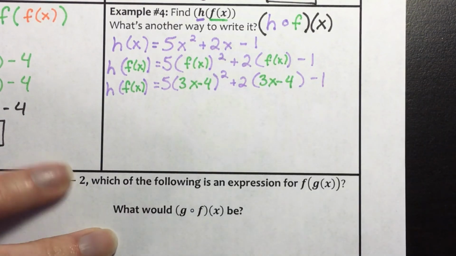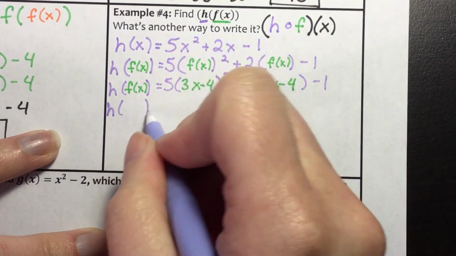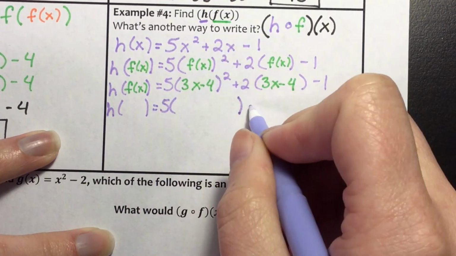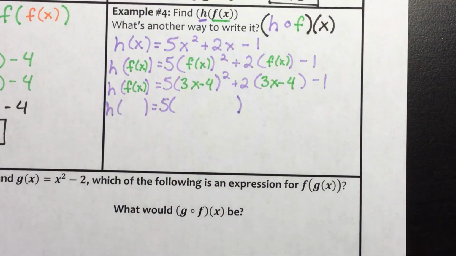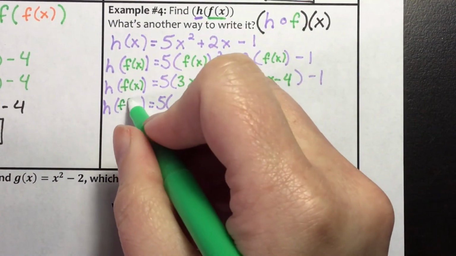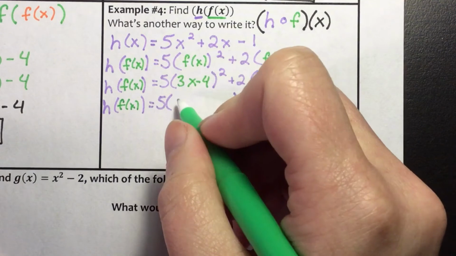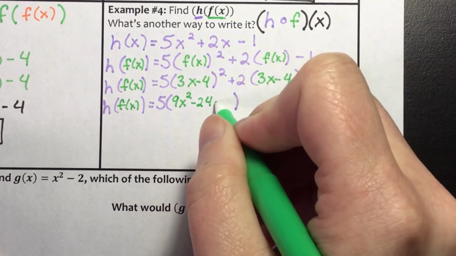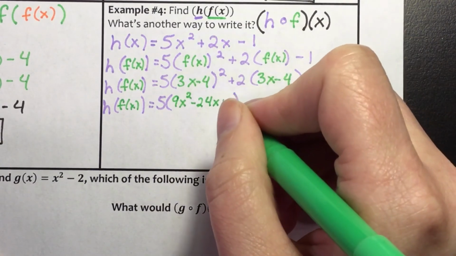Okay. So h of f of x is 5 times those 3 terms we just got: 9x squared minus 24x plus 16.